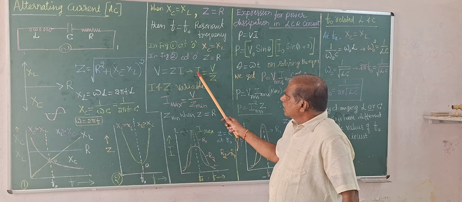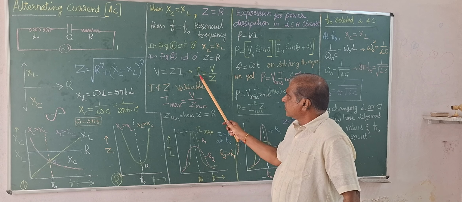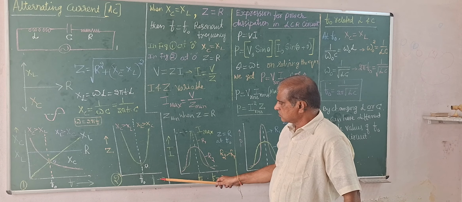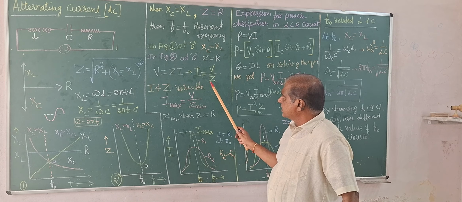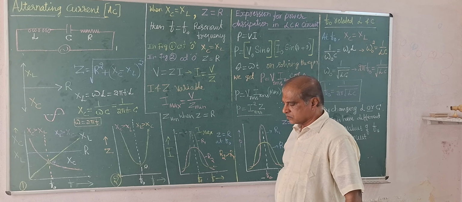Look at that. I is a function of Z. Z is a function of frequency. If Z is a function of frequency, I is a function of frequency.